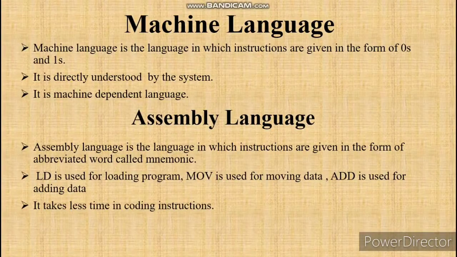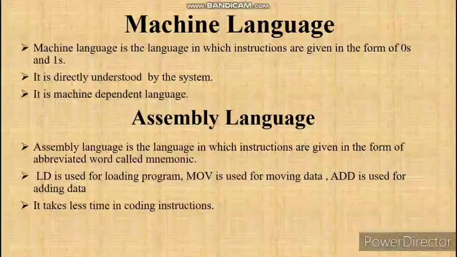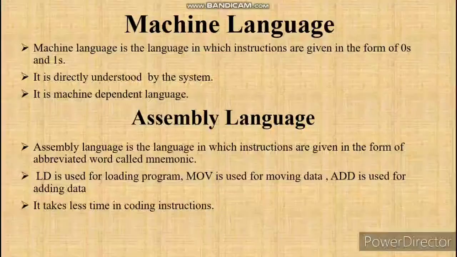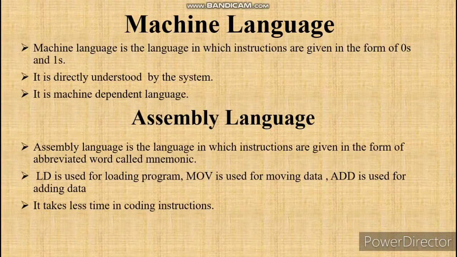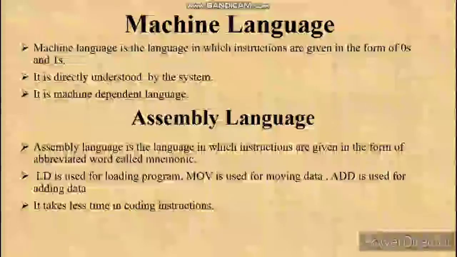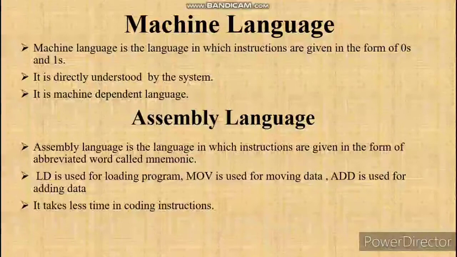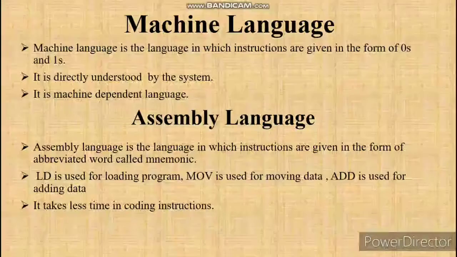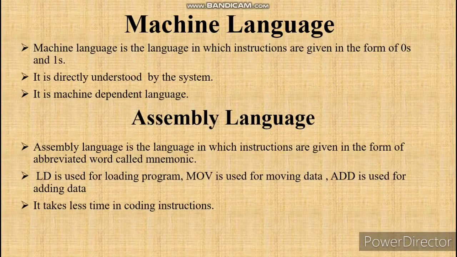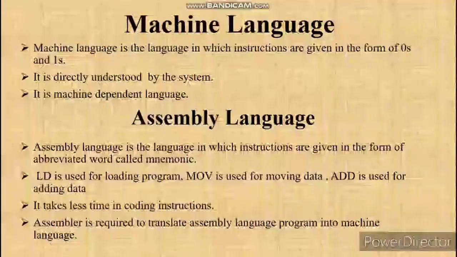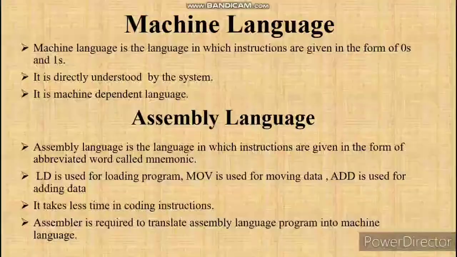It takes less time in coding instructions. It means it is easier to write programs in assembly language as compared to machine language, right? An assembler is required to translate an assembly language program into machine language.